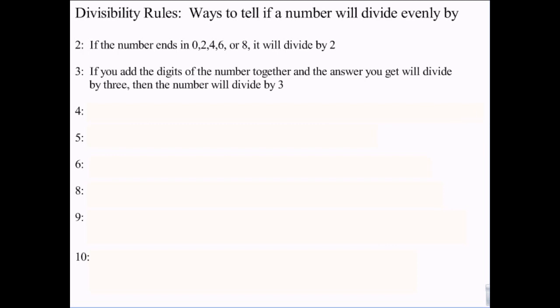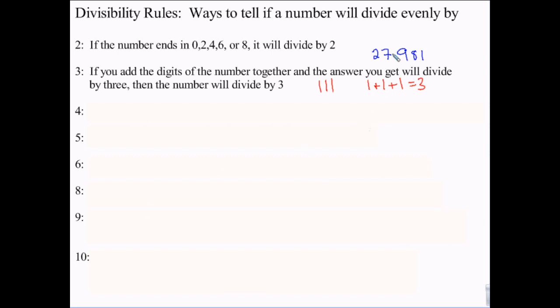So I mentioned 111 earlier. 1 plus 1 plus 1 equals 3. That's how I knew 111 would divide by 3. If I had a number, say for example, 279, and I want to know, will that divide by 3? All right, let's make it bigger. I want to know if that'll divide by 3.